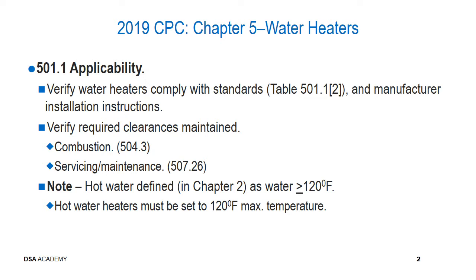Readily accessible means that a person has direct access to the component or the equipment or the element without having to remove anything. So that's an important distinction to make and to remember throughout this discussion regarding accessibility.